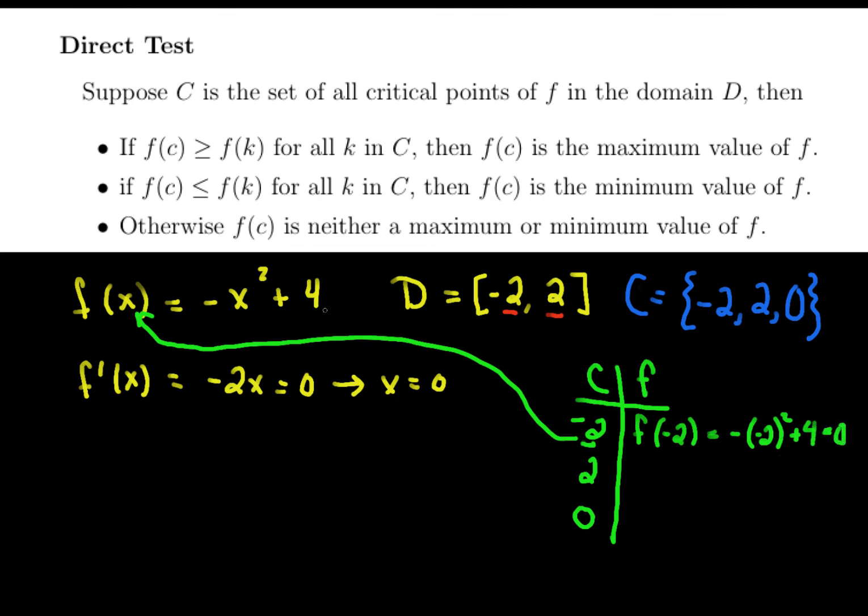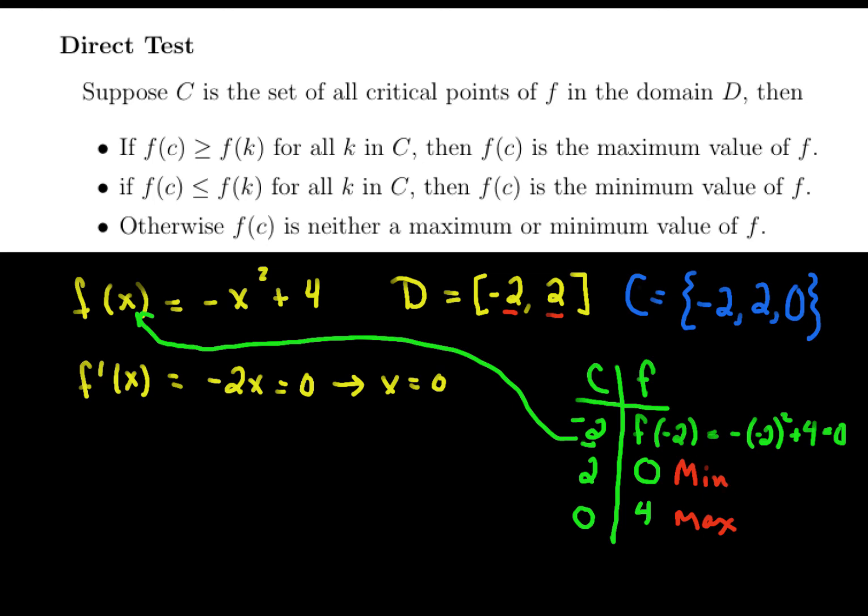Similarly, if we put 2 in, the answer would be 0. And if we put 0 into our function, our answer would be 4. So look what we've got: we just have to evaluate the function on the critical points. That's what we've done, and now we just need to compare. Which is the largest? Well, 4 is the max value of our function because it is bigger, obviously, than 0. And then 0 is our minimum value.